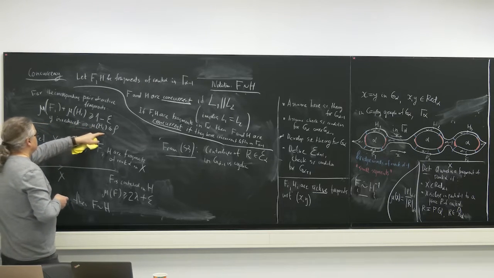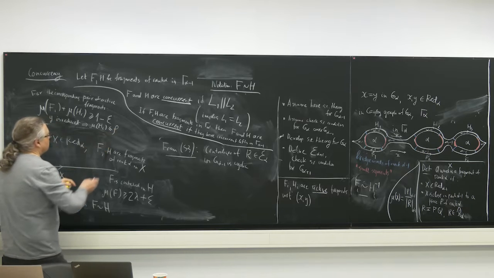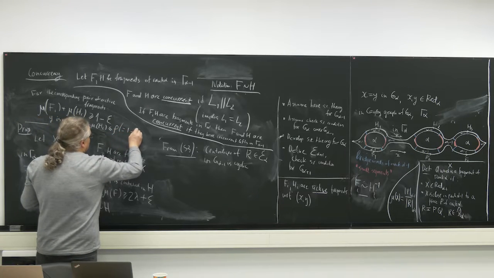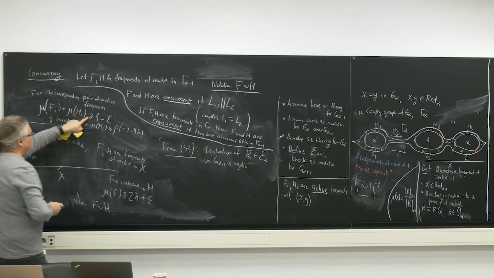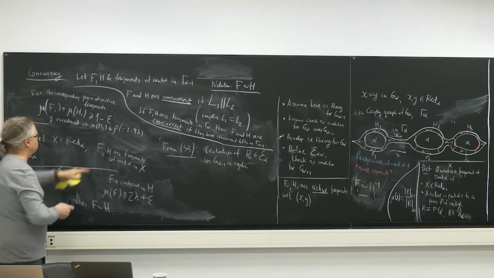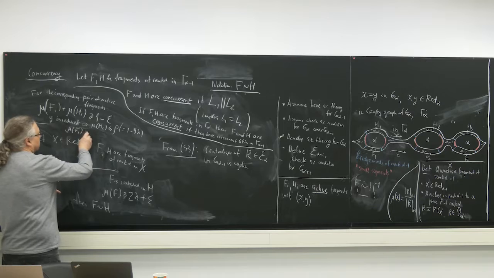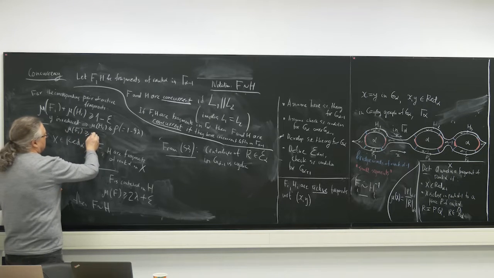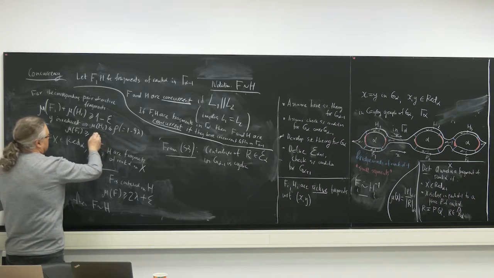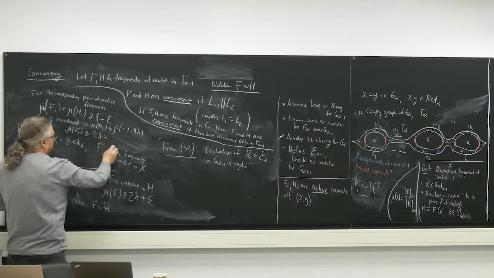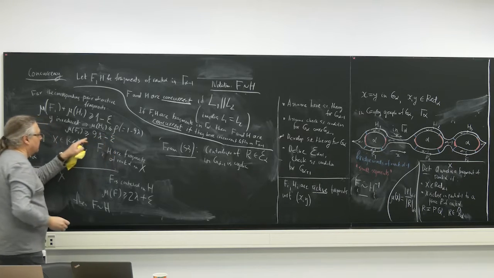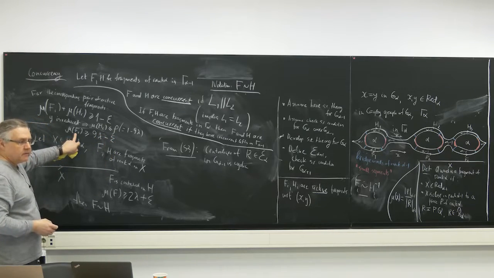If you take this value 1 minus 9 lambda, then from this equality we conclude that every Fi is greater or equal to 9 lambda minus epsilon. So every Fi is big enough.